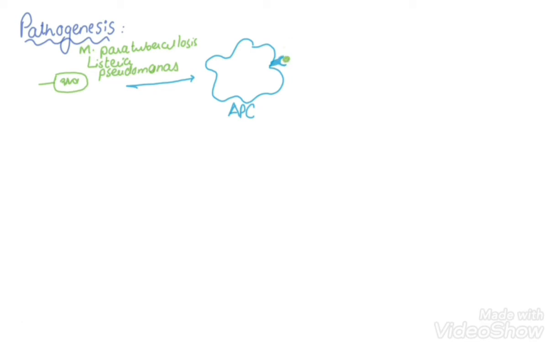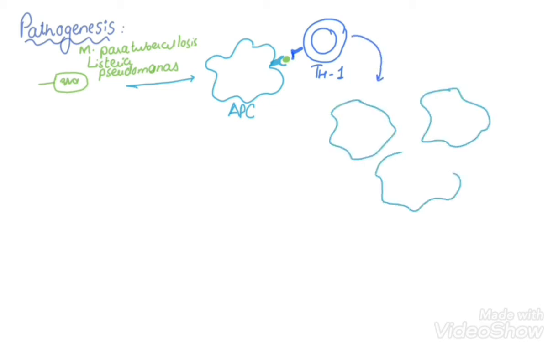Here, T helper cells of type 1 variety are mainly involved. These further activate numerous macrophages through release of cytokines, and these macrophages activate B cells, cytotoxic T cells, and a full-blown immune response occurs against these bacteria.